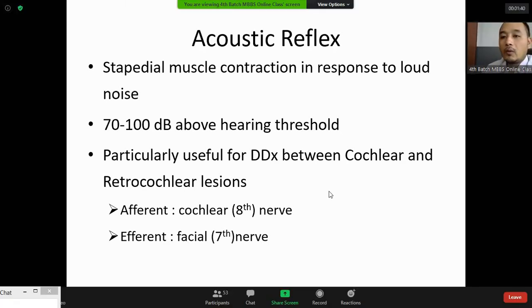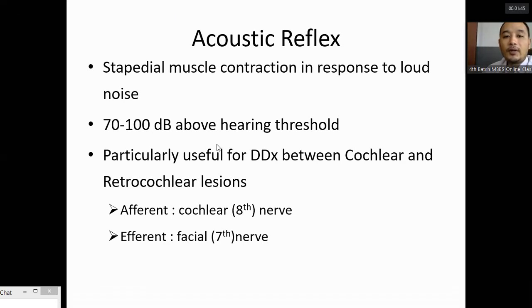We give a loud sound 70 to 100 decibel above the hearing threshold, and this test is done especially to differentiate between cochlear or retrocochlear lesions. This is a reflex arc where the afferent limb is formed by the cochlear or the 8th nerve, and the efferent limb is formed by the facial 7th nerve, which supplies the stapedius muscle. The protective reflex.